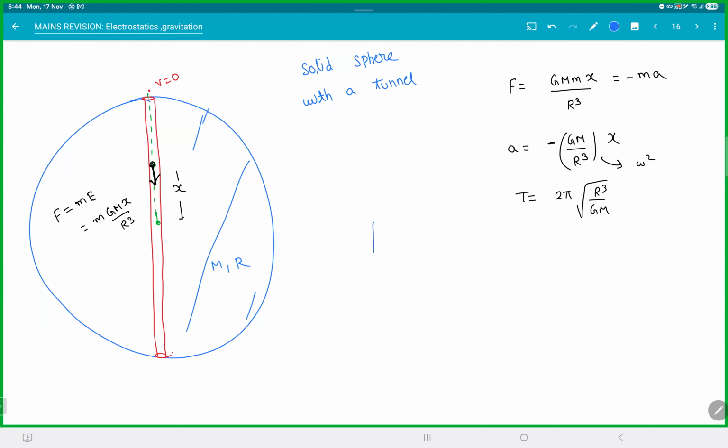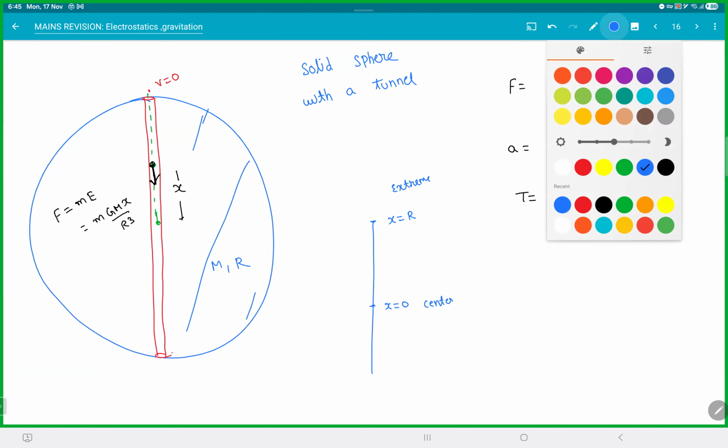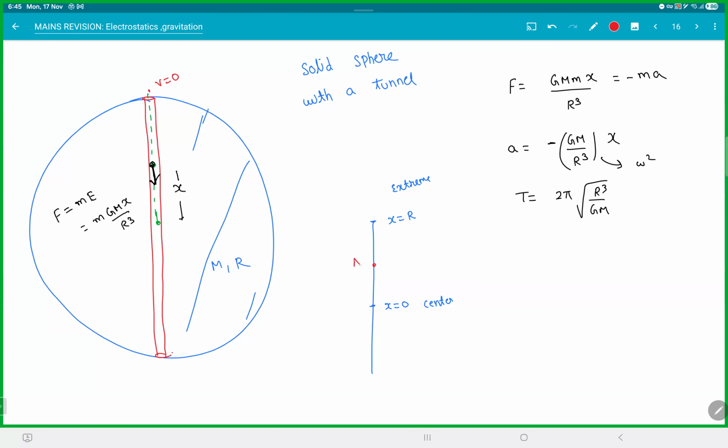So x is equal to 0, that is your center. x is equal to r, you're releasing from rest. So this is your extreme position. And you're saying there is a point A somewhere here, which is at x is equal to r by 2. What's the time taken to go from r by 2 to 0?